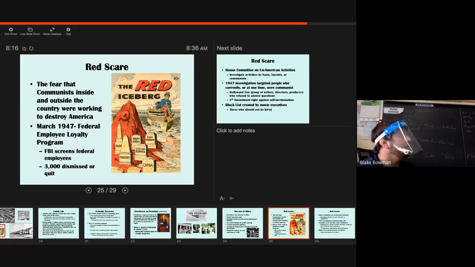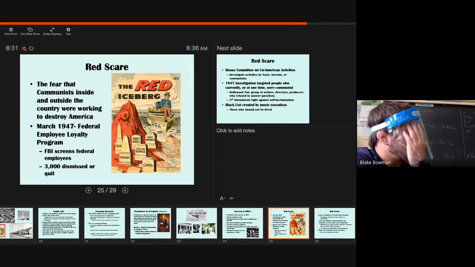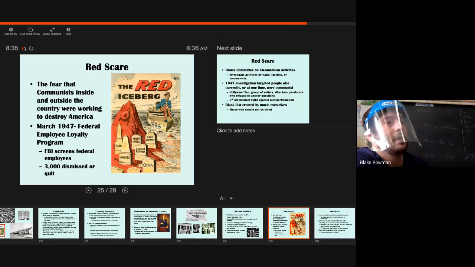All right, so with the fear of communism in the United States, the HUAC, the House Un-American Activities Committee, were trying to investigate and crack down on communists in the United States. The U.S. believed that these communists were inside the military, inside politics, in education, and now entertainment.